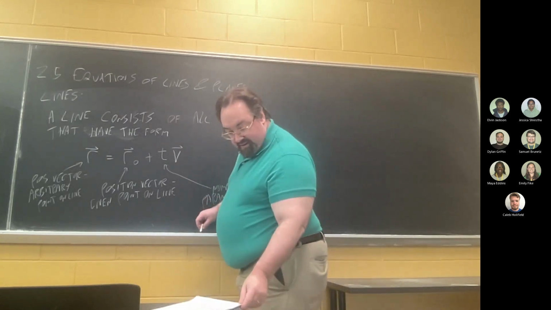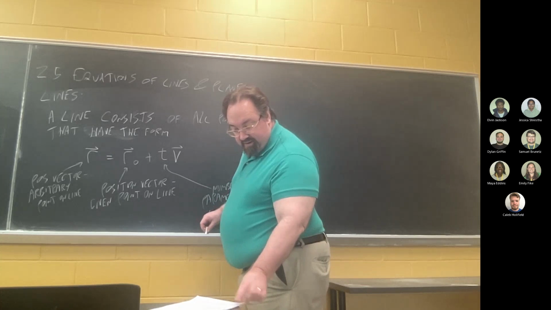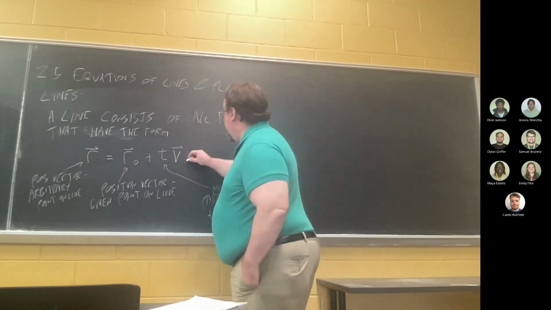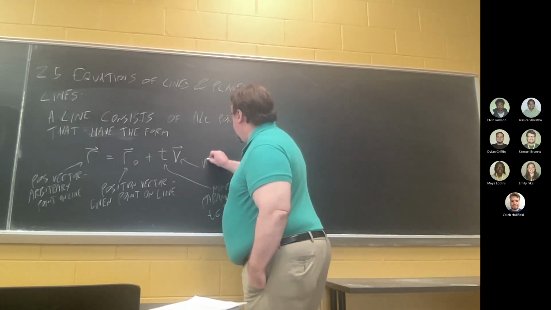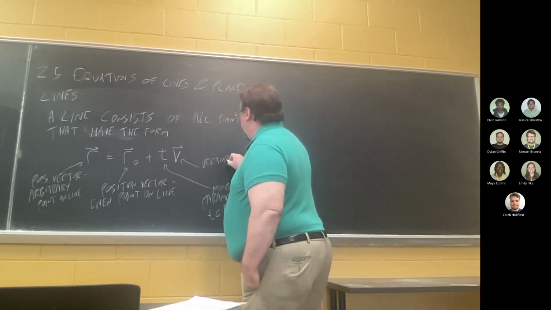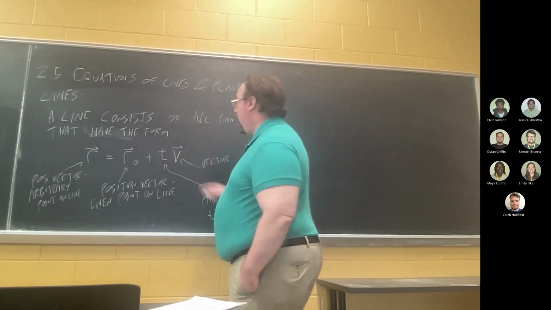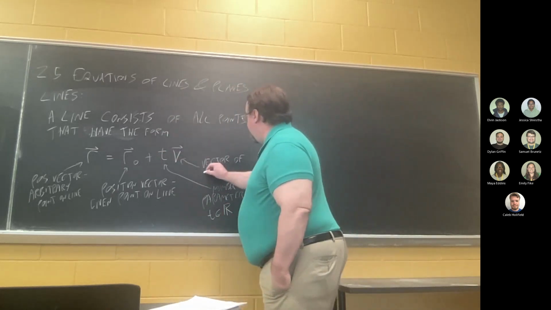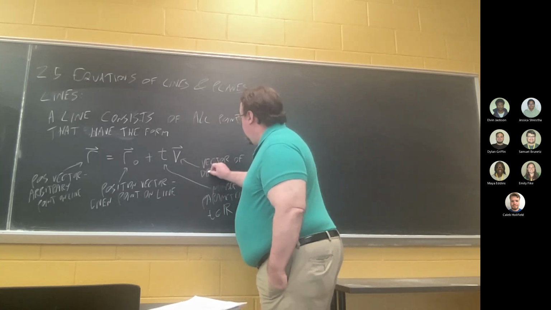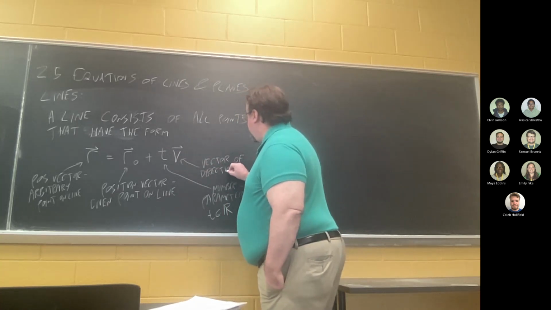And then v is some given vector. It's not a position vector; only r and r naught are position vectors. The vector v consists of what are called direction numbers.